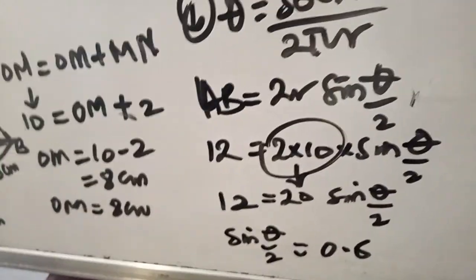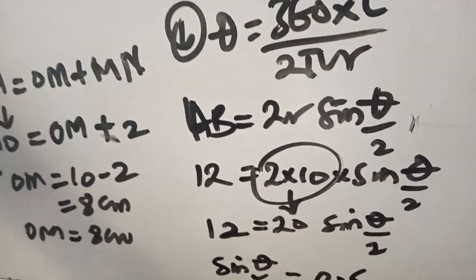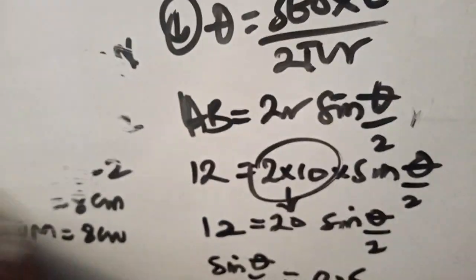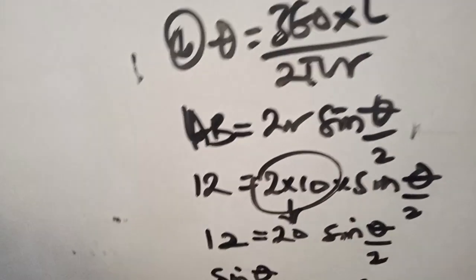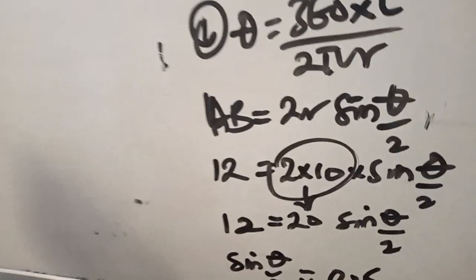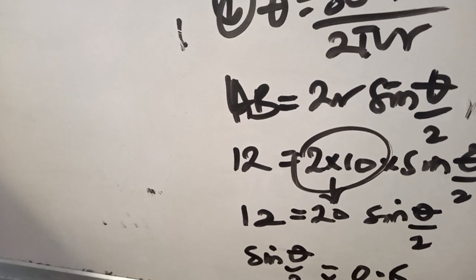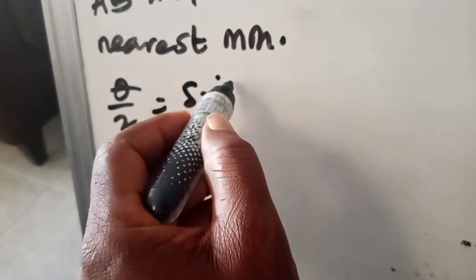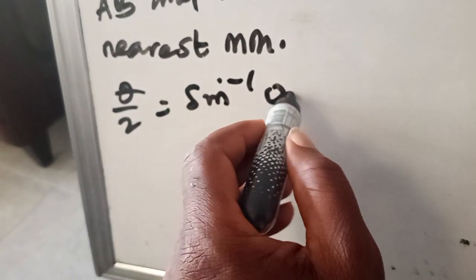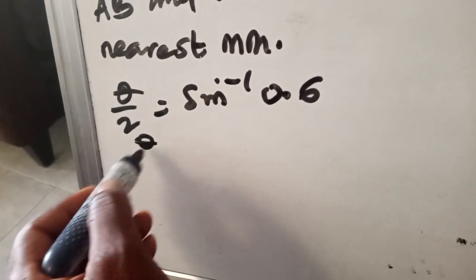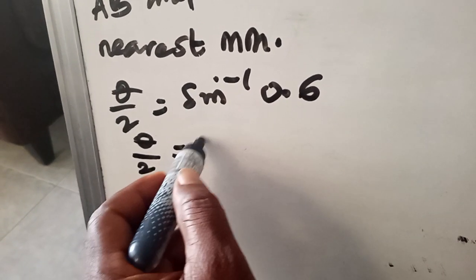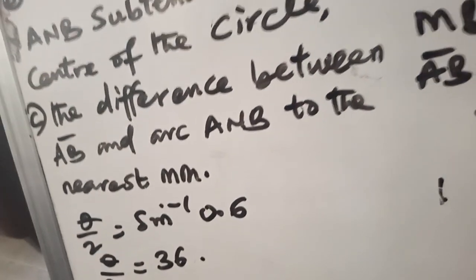So after getting that, the next thing is to calculate theta. From here, theta over 2 will be equal to sine inverse 0.6, and theta over 2 will give us 36.6 degrees.